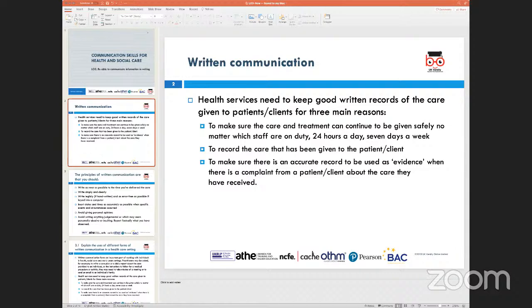So sometimes written communication is done in the form of brochures, flyers, instruction leaflets, predominantly to reinforce verbal communication or conveyance of information to patients or patient families. This is to help them understand their condition, what the treatment options are, and how to maintain self-care practice in most cases during certain times.